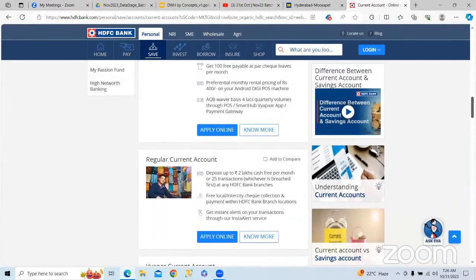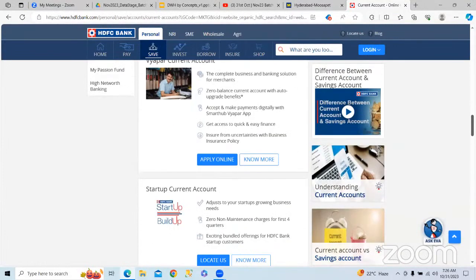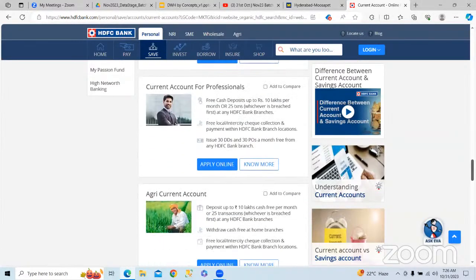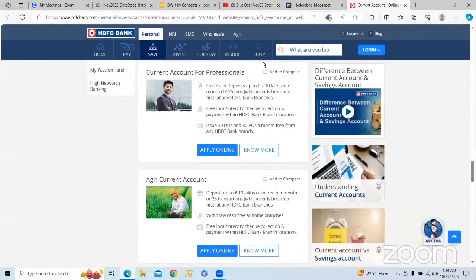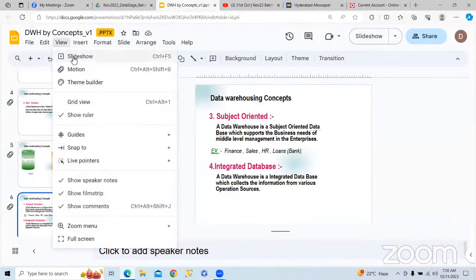There will be a minimum balance that has to be maintained. These are the different categories of current accounts. So it deals with a specific subject.